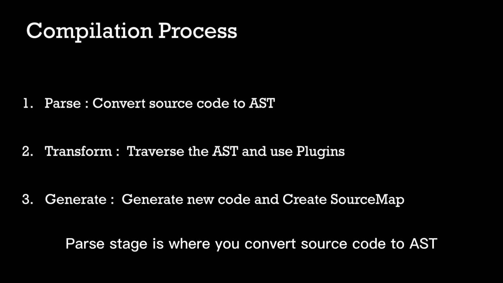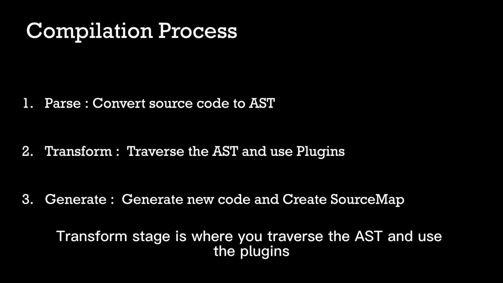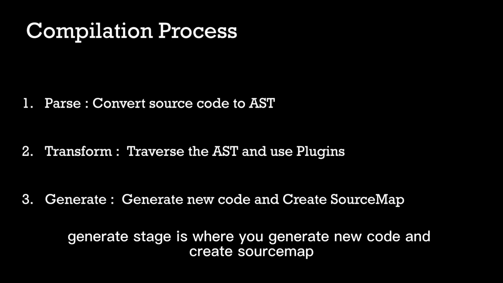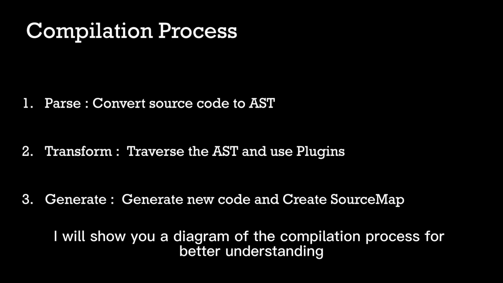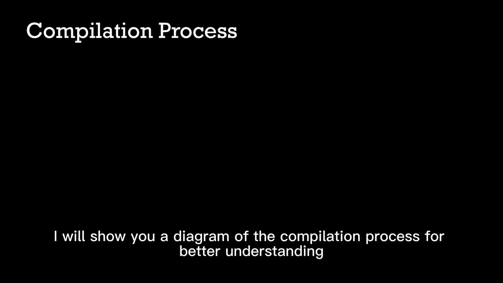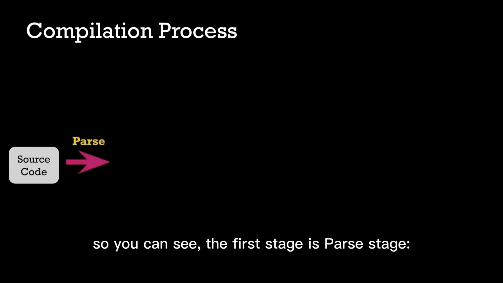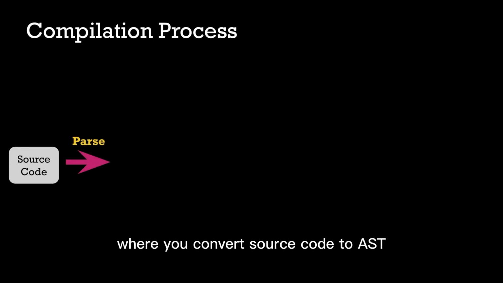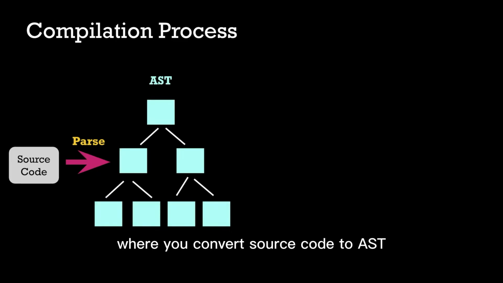Parse stage is where you convert the source code to AST. Transform stage is where you traverse the AST and use the plugin. Generate stage is where you generate the new code and create a source map. So I will show you a diagram of the compilation process for better understanding here. You can see the first stage is the parse stage, where you convert the source code to AST.